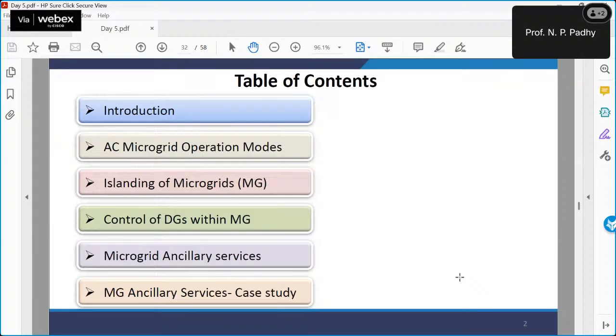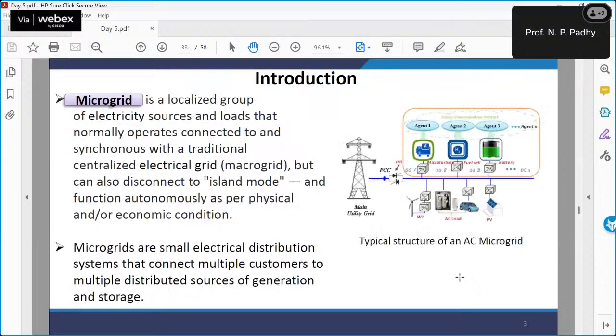We'll also understand the meaning of islanding of microgrids and then control of distributed generations within microgrids. What type of control mechanisms are used, and microgrid ancillary services? One case study we'll try to cover today.